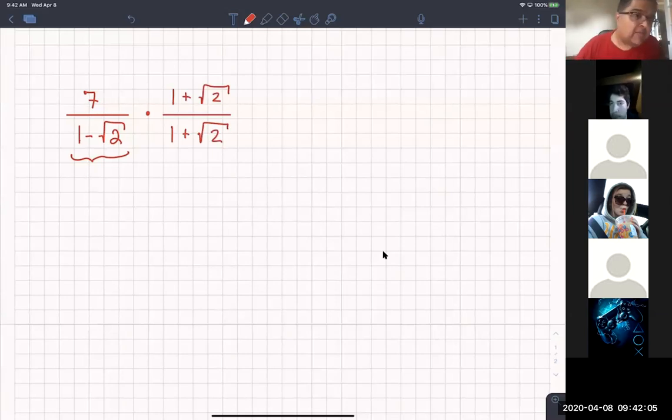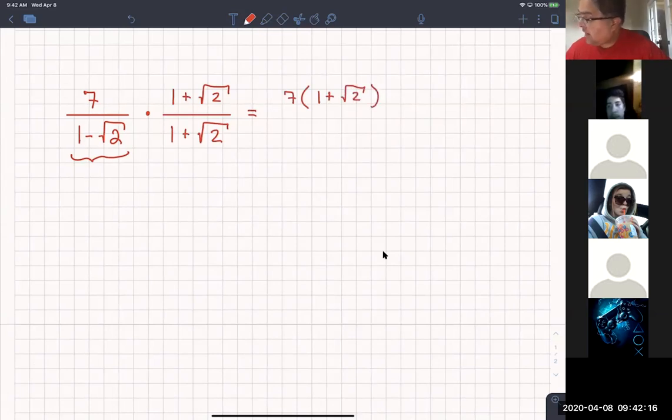Remember, when you have a binomial radical, you have to multiply by the conjugate to get rid of the radical. So numerator is 7 times (1 plus root 2). I'm writing it in parentheses to remind me to do the distributive property.